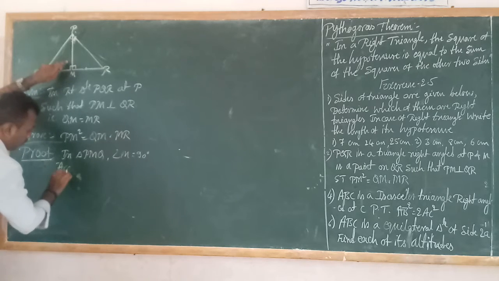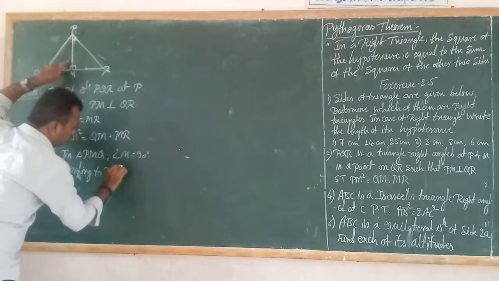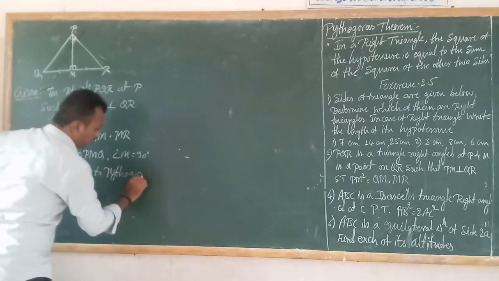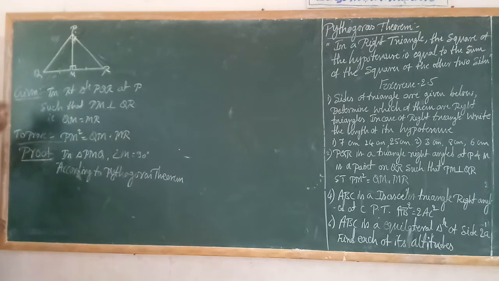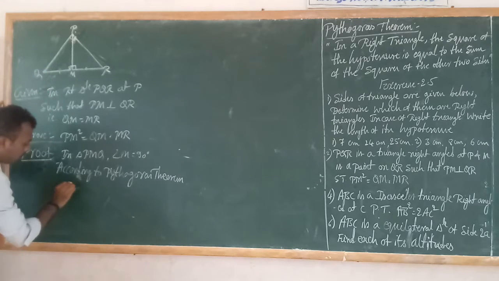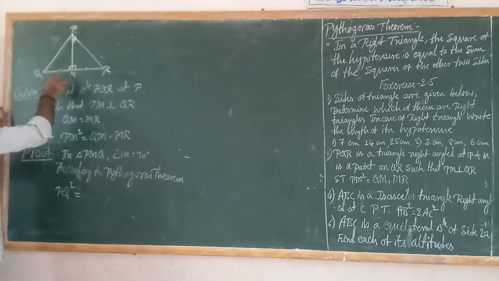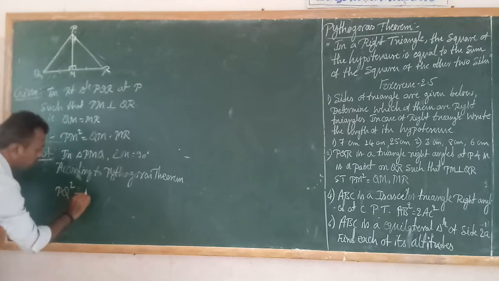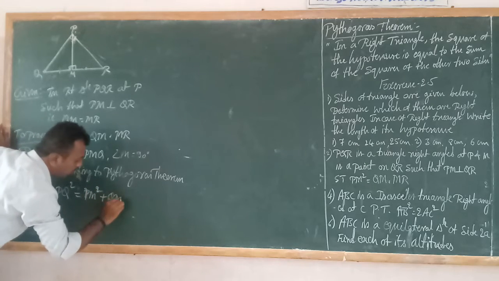According to the Pythagoras theorem, the square of the hypotenuse, which here is PQ, is equal to the sum of the squares of the other two sides, PM and QM. So PQ square equals PM square plus QM square.